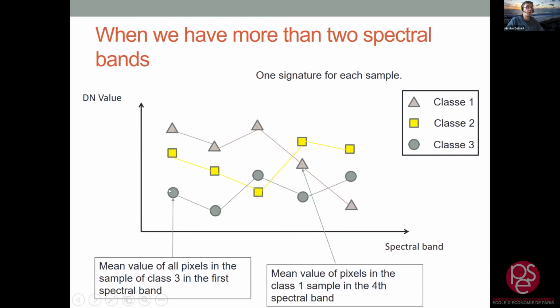For example, here, all the pixels of class 3 in the first spectral band, in the second spectral band, in the third spectral band. And we do the same for the first class and for the second class. So here is exactly what I have shown before, except that we don't have only 2 spectral bands, but here we have 5.